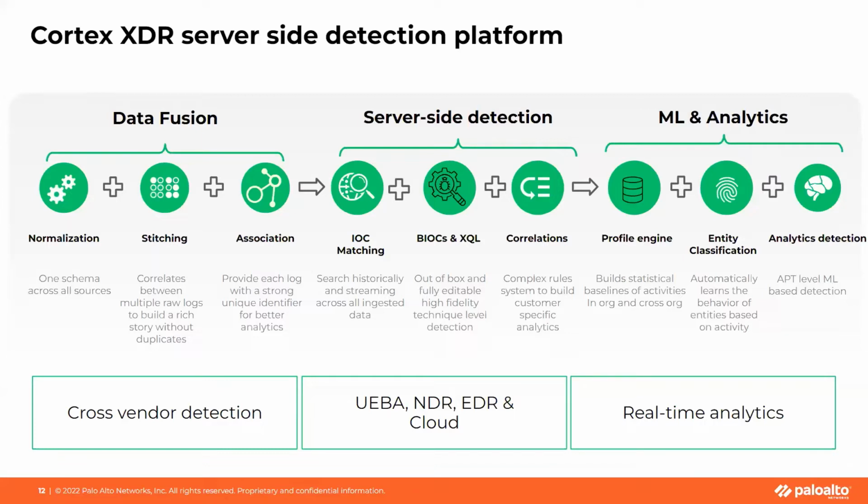And then we raise analytics detection alerts based on logic that takes these learned profiles and roles into account. In this way, we actually create very high fidelity detection. So this allows cross-vendor detection and real-time analytics. And it works on several supported detection content modules: UEBA, which is User Entity Behavior Analytics, NDR, EDR, Cloud, and more to follow.